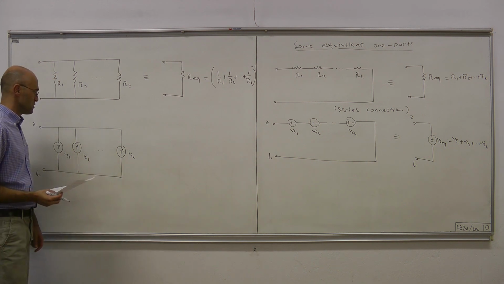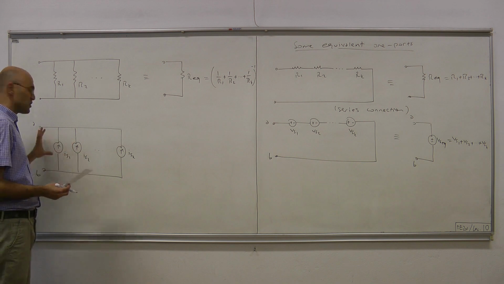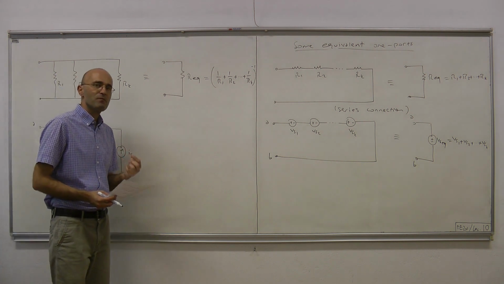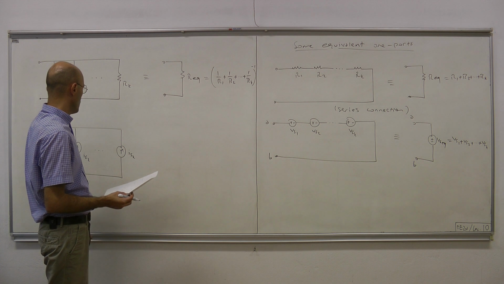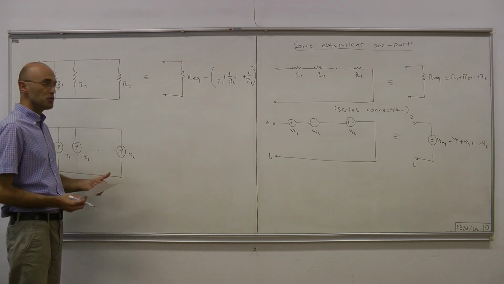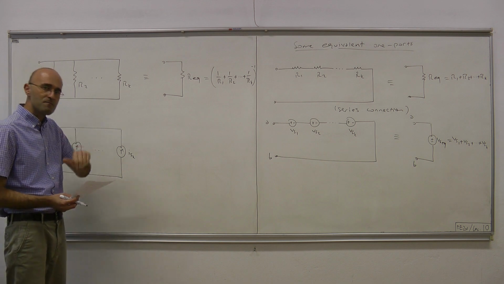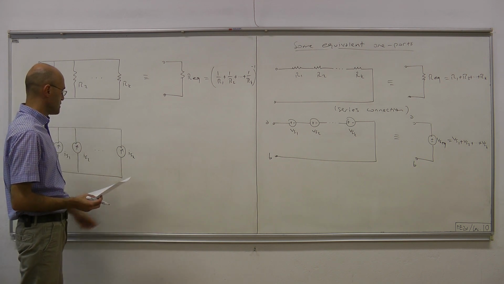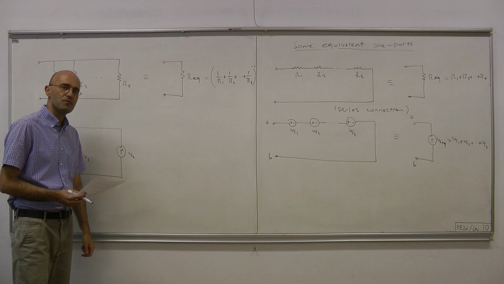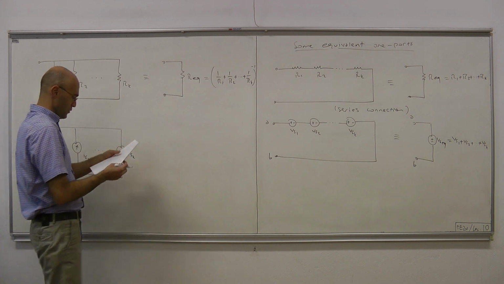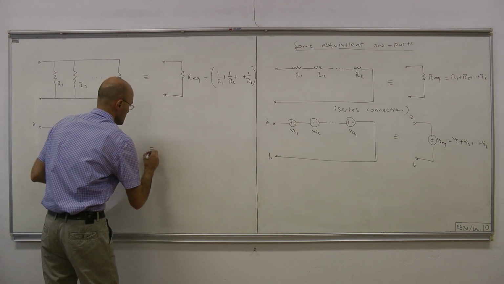It's not difficult to see that this connection on this one port can be represented by an equivalent one port which uses only a single independent current source, provided that the current supplied by that source equals the sum of individual currents in the first one.